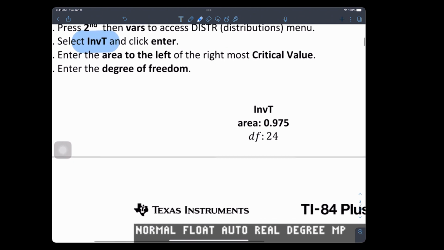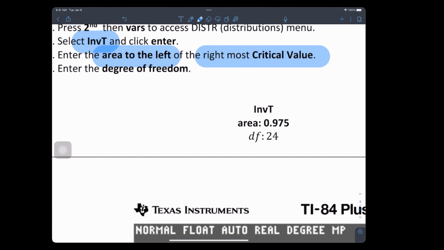You need to know area to the left of the what? Which critical value? The rightmost. Area to the left of the rightmost.